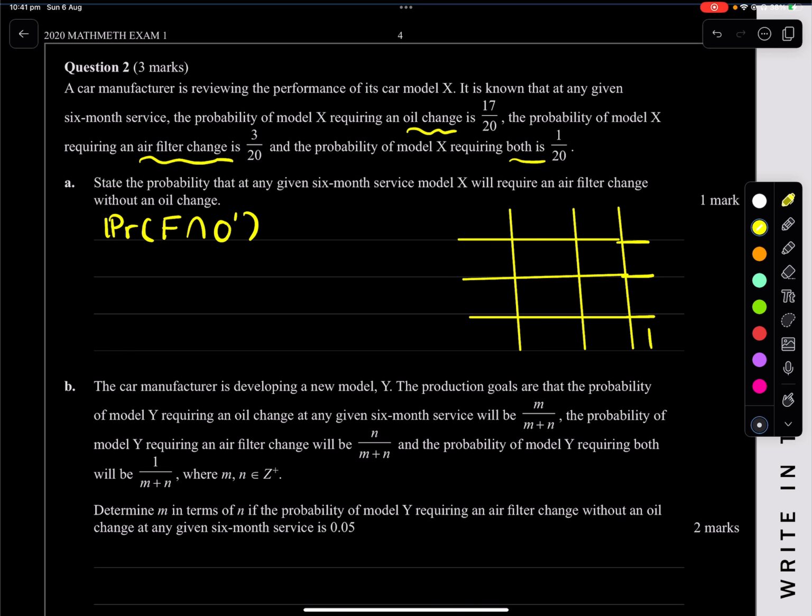Let's say this is oil, not oil, and this is filter, not filter. So we know that an oil change is 17 over 20, and we know that the air filter is 3 on 20. And we also know both of them is 1 over 20, and we want to find F intersection not O, which is this value here. So it is 3 on 20 minus 1 on 20, which is 1 on 10.